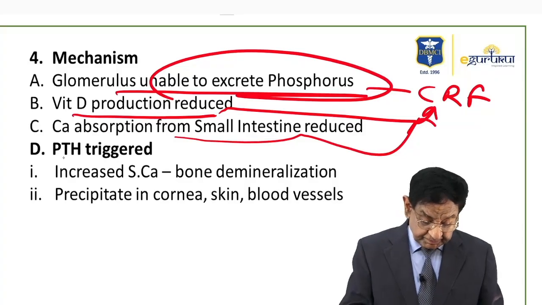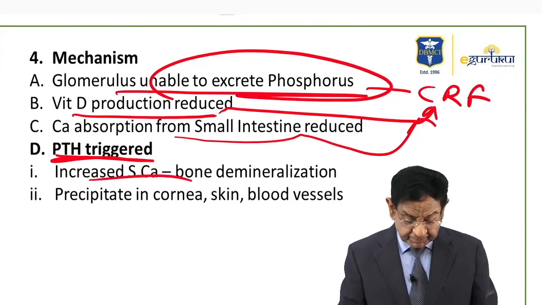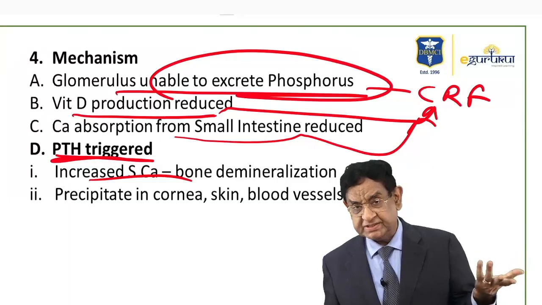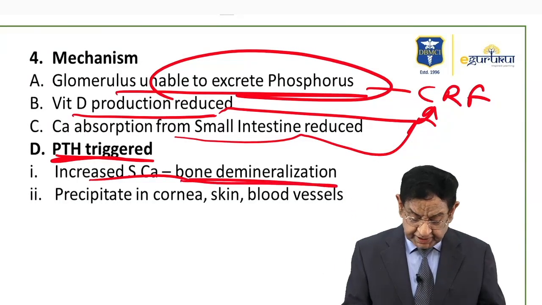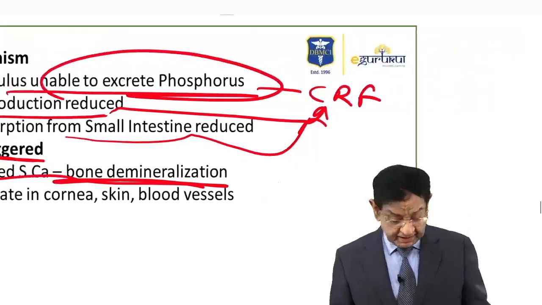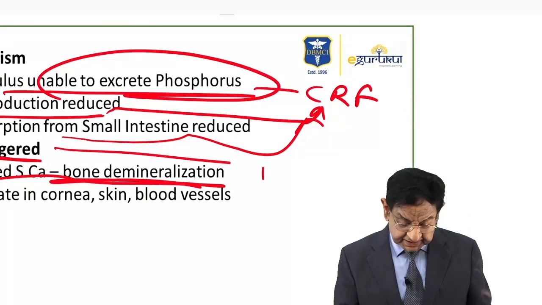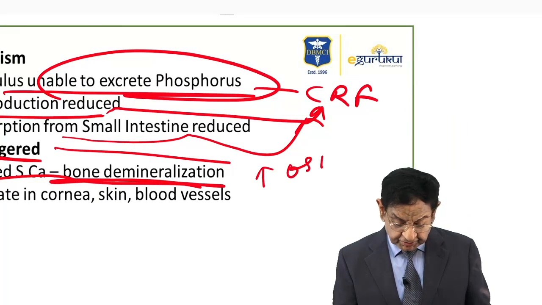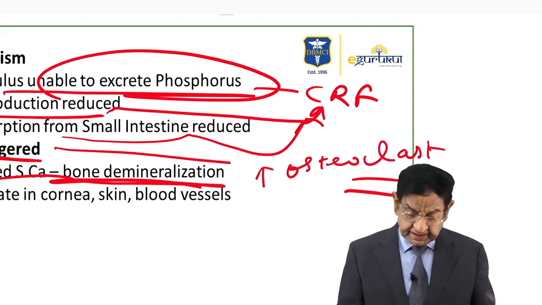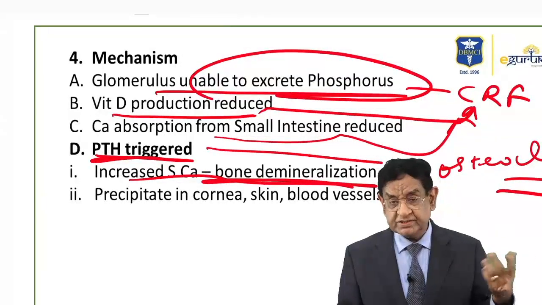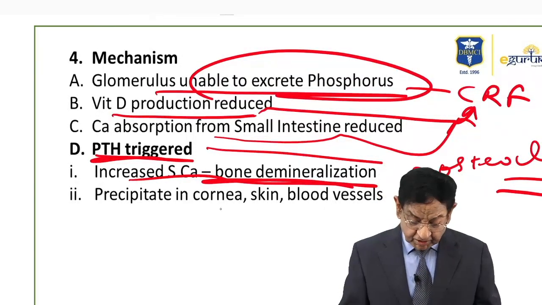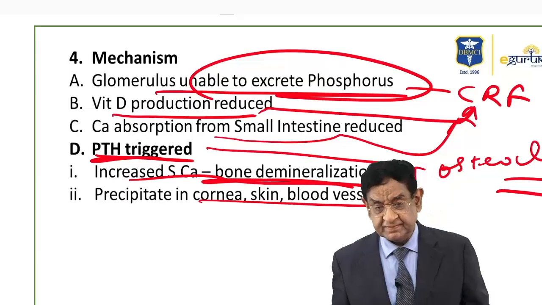Well, PTH triggers. Now, PTH, high amount of PTH is there, and that leads to bone demineralization. Why? High amount of PTH increases osteoclast activity, and that leads to demineralization. And excess of this calcium gets precipitated in the cornea, skin, and blood vessel.